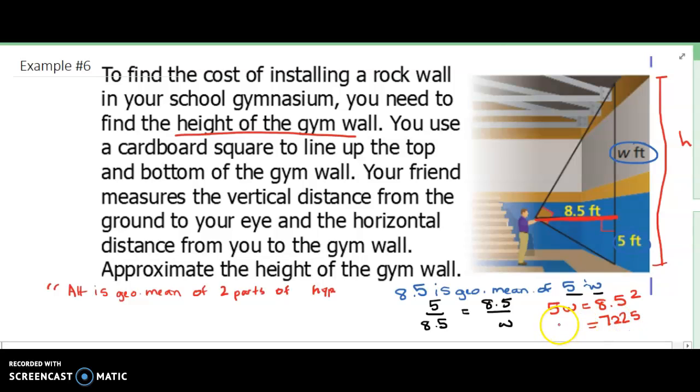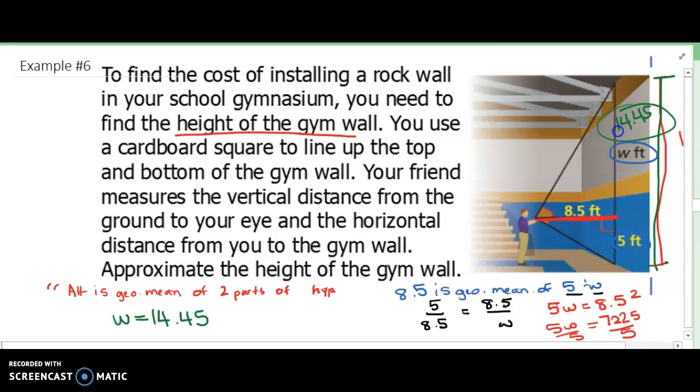There we go. 72.25 equals 5W. Divide both sides by 5. I get W equals 14.45. So if W equals 14.45, the whole wall is from here to here, I would add 14.45 and 5, which means the whole wall would be 19.45 feet approximately.